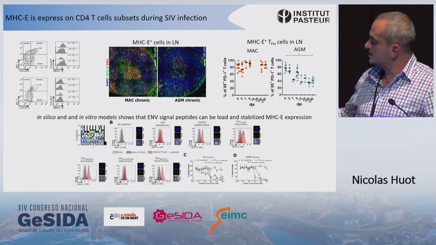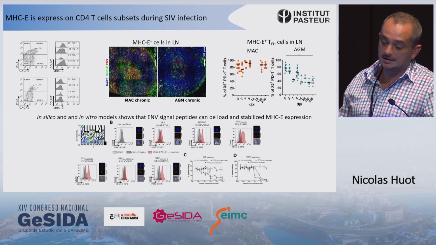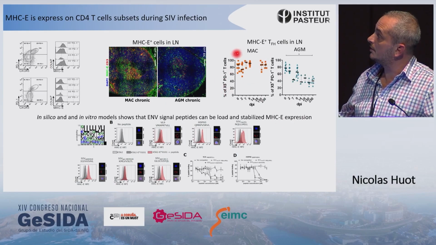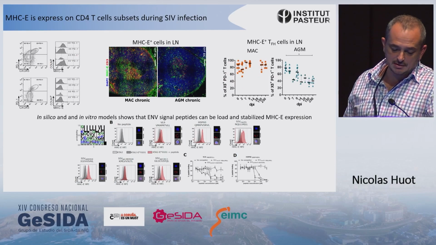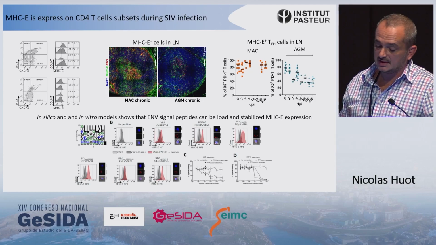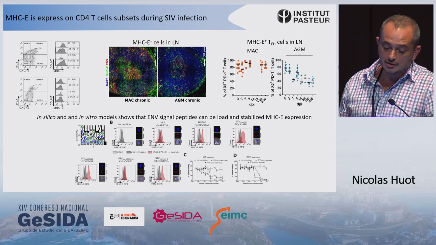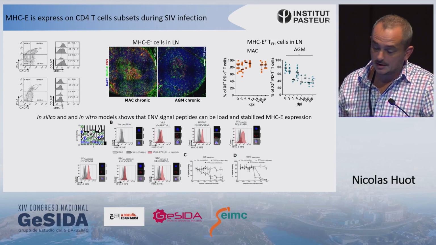Following infection, there is a downregulation of positive TFH expressing MHC-E, whereas the level of this population was very high in macaque models, suggesting that NK cells are not able to kill the infected TFH cells. So we performed in silico and in vitro analysis to show that the peptide present in the signal peptide on the ENV protein could be loaded and stabilize MHC-E expression.